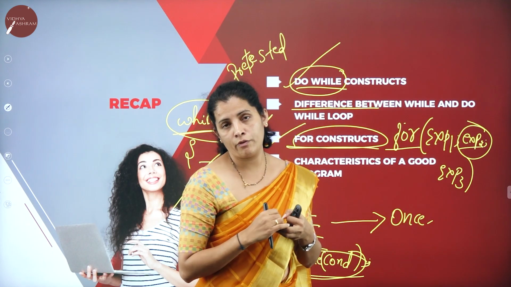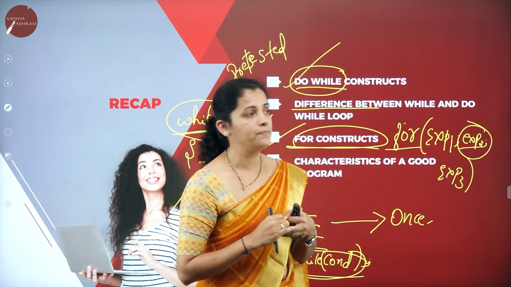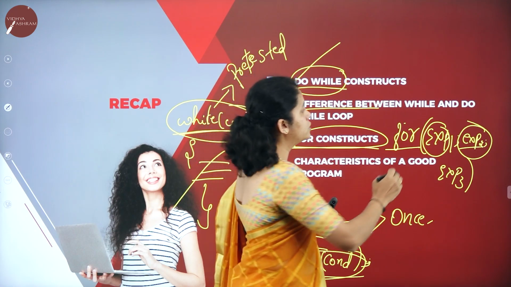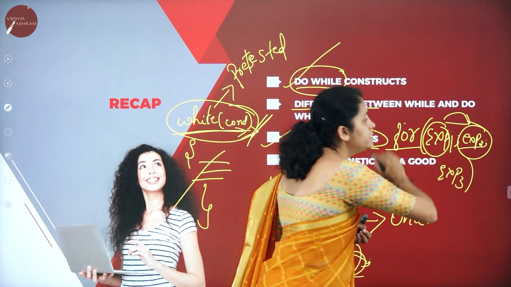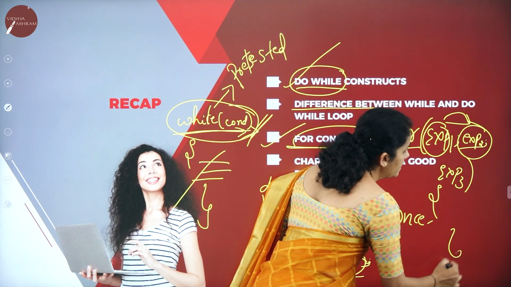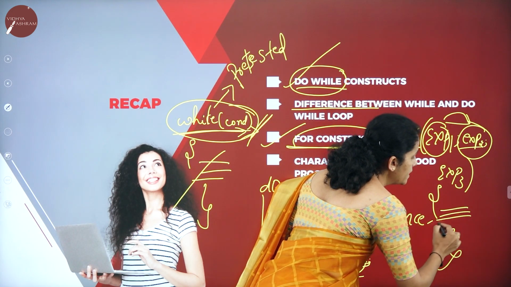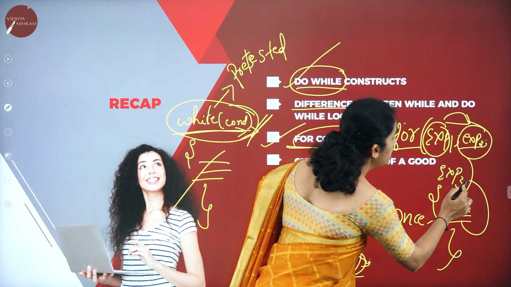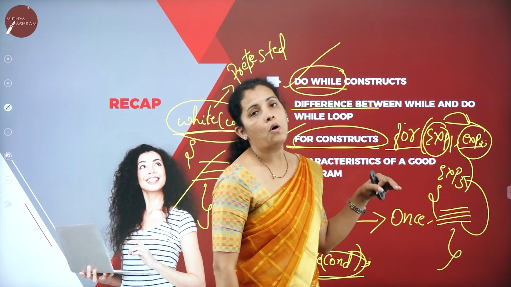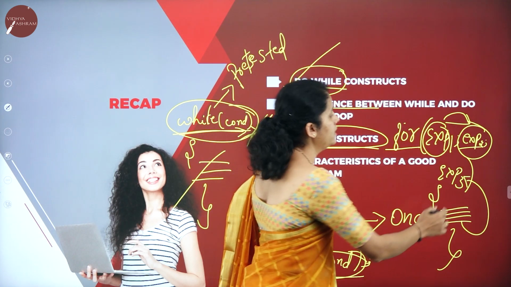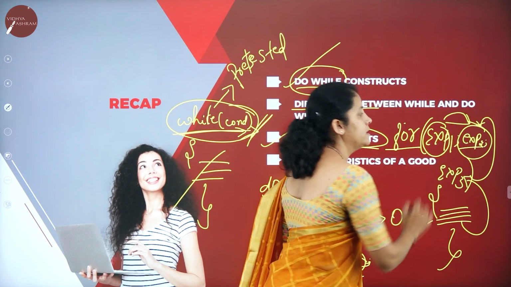How does the for loop execute here? First, it initializes the variable, then it checks the condition. Once the condition is true, it executes a set of statements. Then it increments or decrements the variable according to the condition, then once again checks the condition.